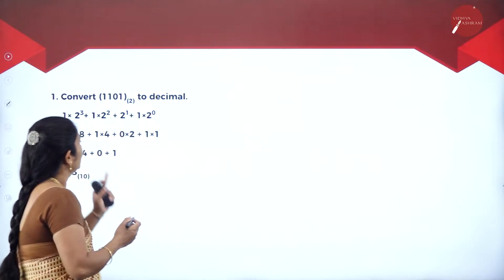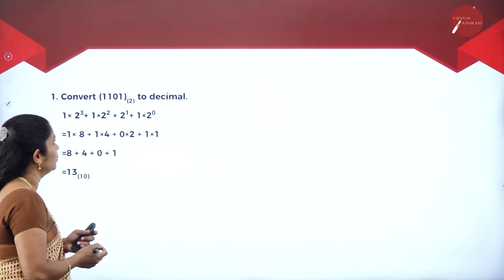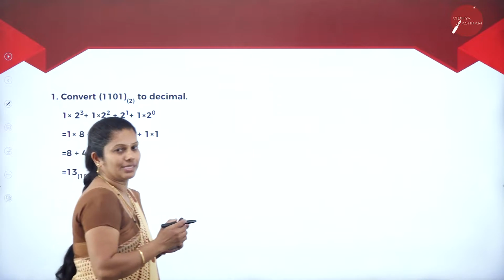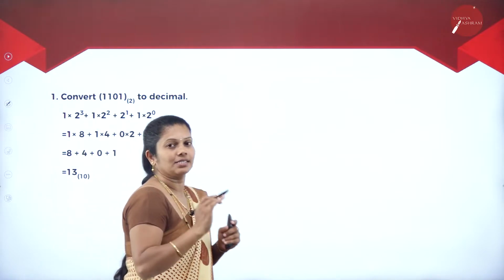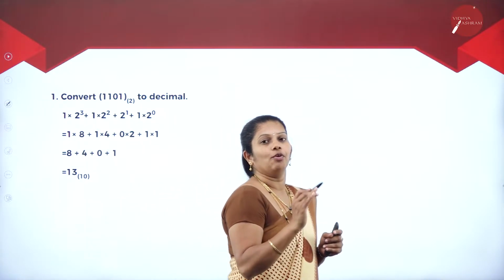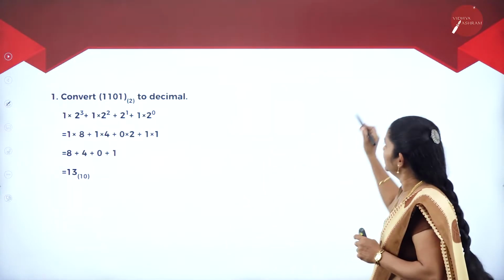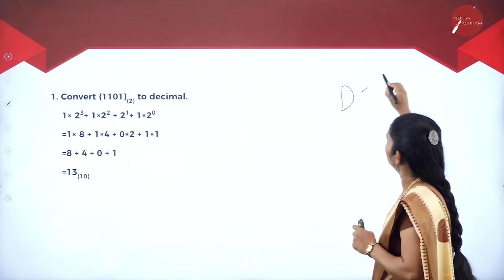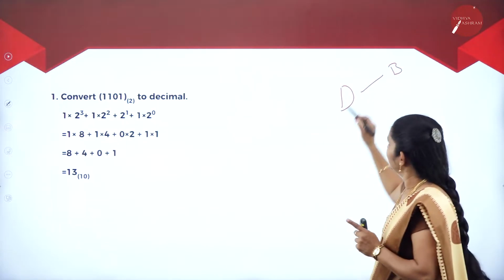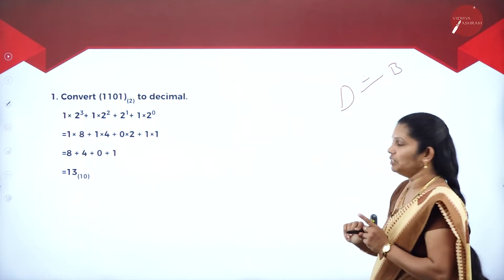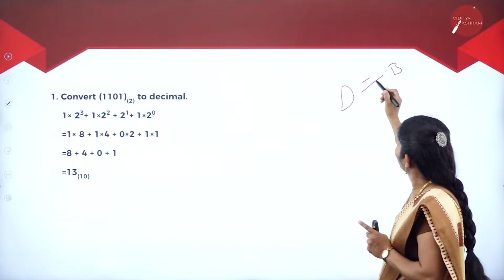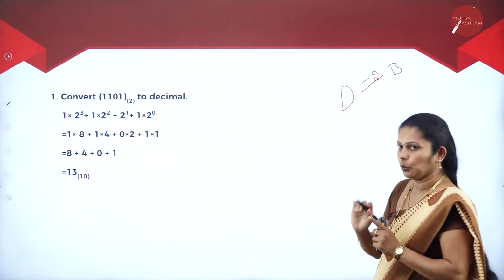Now consider that in the question you are asked to convert the given number, then the first thing you have to observe is which type of number it is. For example, if you get decimal number to binary, then you have to follow the division process, divided by 2.